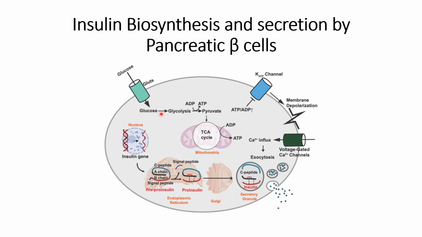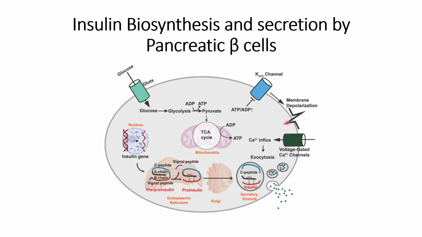The glycolysis of glucose occurs, which leads to pyruvate formation, and then pyruvate goes into the TCA cycle in the mitochondria, where ATP generation occurs. Whenever the ATP to ADP ratio increases, this triggers the KATP channel, which leads to membrane depolarization.